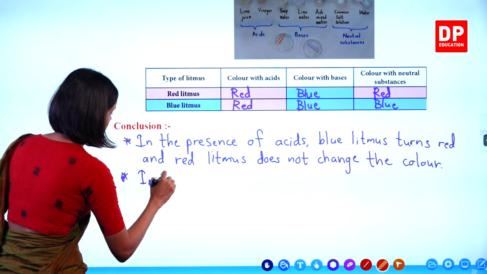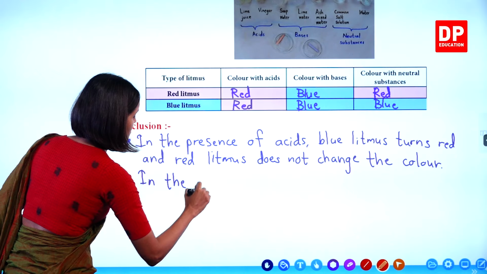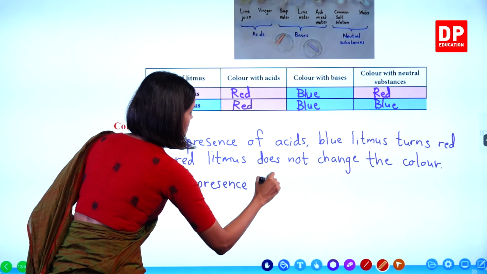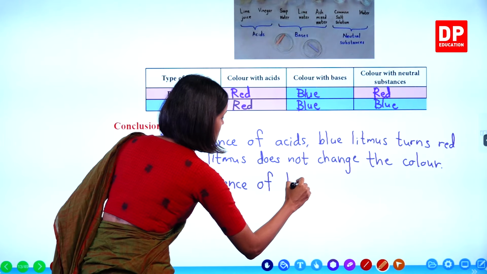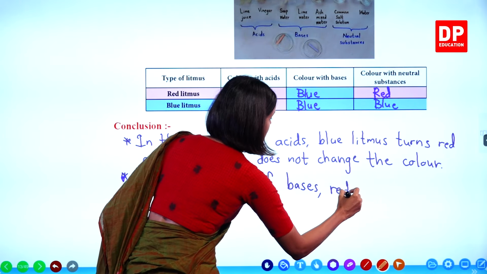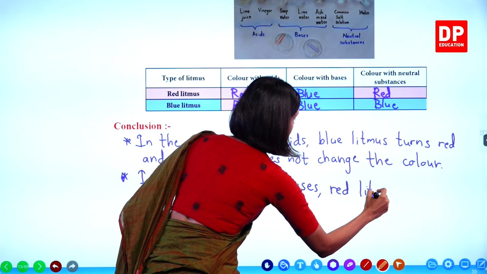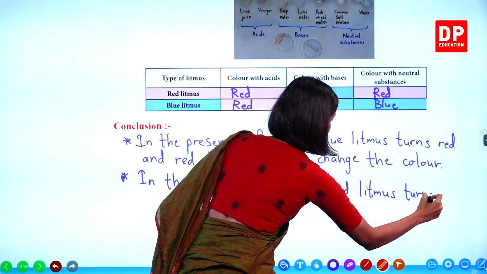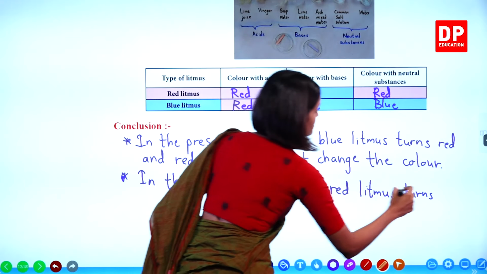In the presence of bases, red litmus turns, what is the color, children? Blue color.